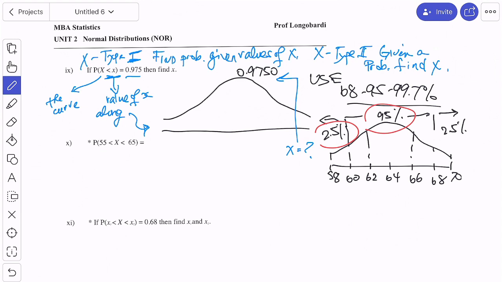Using the rule, we only have 95% between 68 and 60. We need 97.5. So what does the answer have to be? I want the area to the left of a value that makes 97.5.